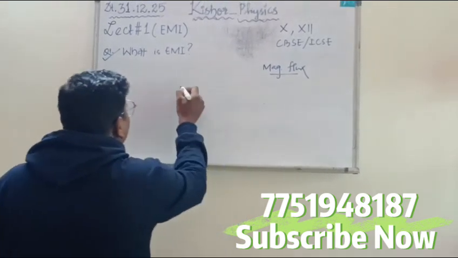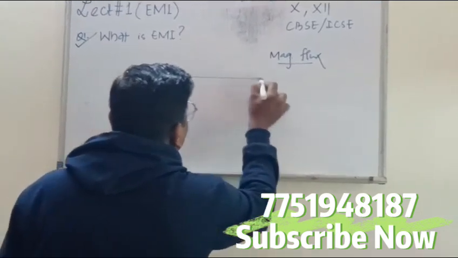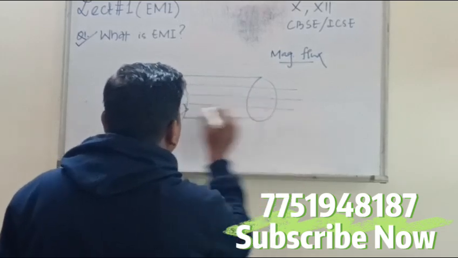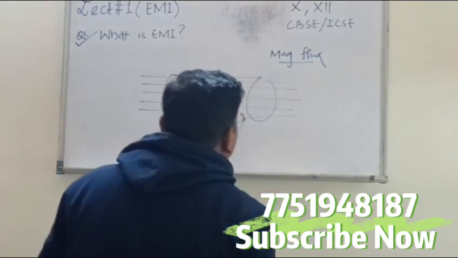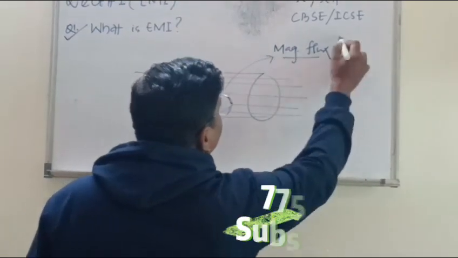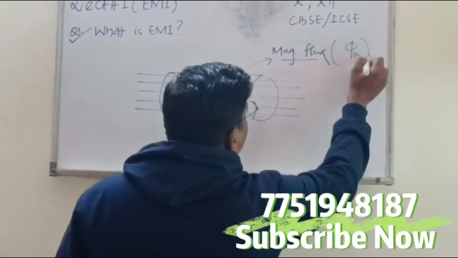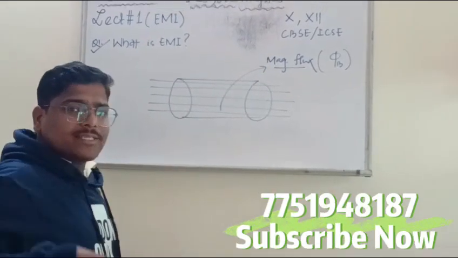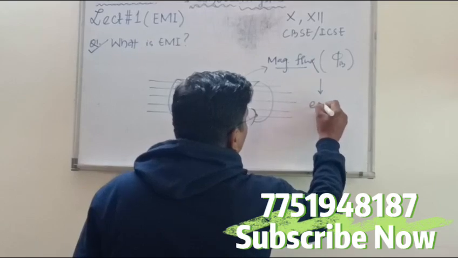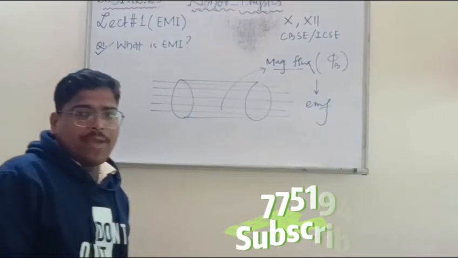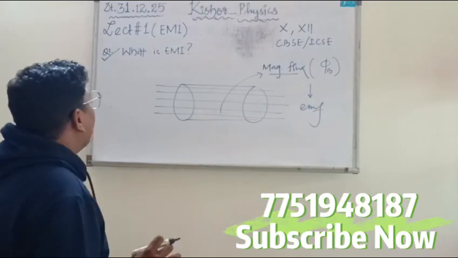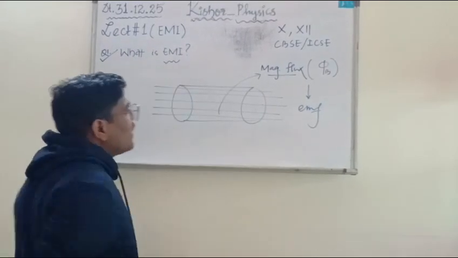If the number of field lines passing through a conductor is changing, then definitely the flux will change, and that changing flux provides you the induced electromotive force, that is called EMF. So this is the basic concept or basic phenomenon of EMI, correct?